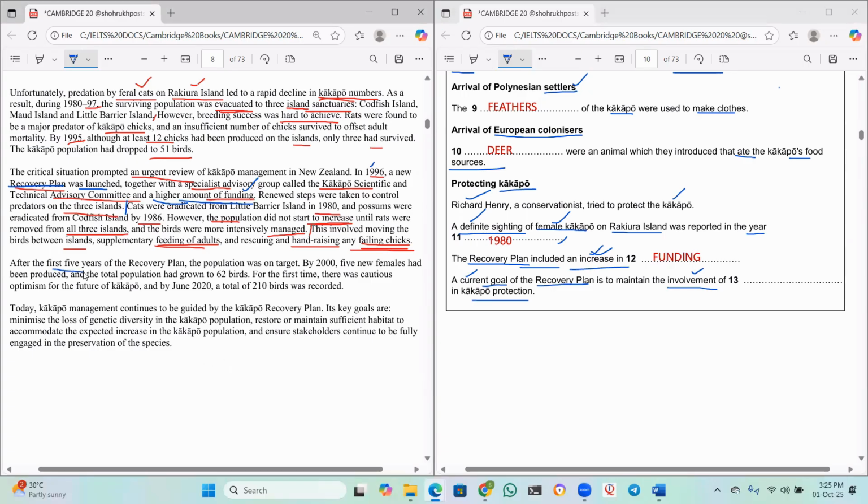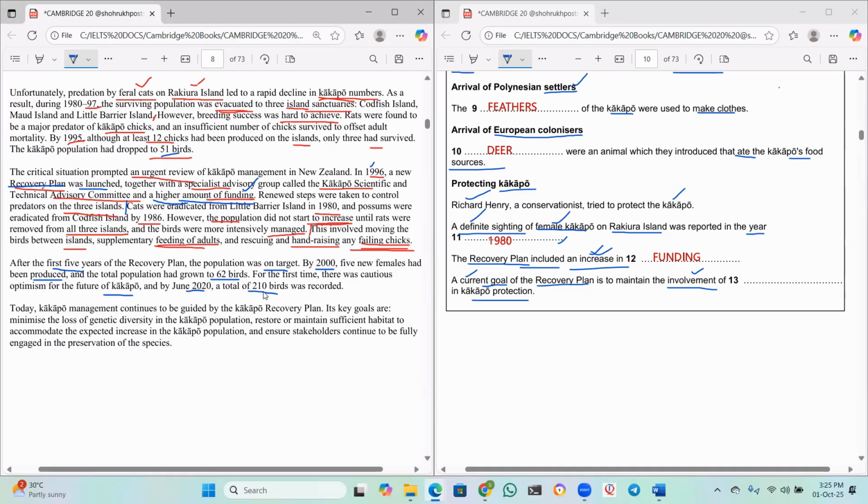After the first 5 years of the recovery plan, the population was on target. By 2000, five new females had been produced, and the total population had grown to 62 birds. Good. Next, for the first time, there was a cautious optimism for the future of Kakapo, and by June 2020, a total of 210 birds were recorded.